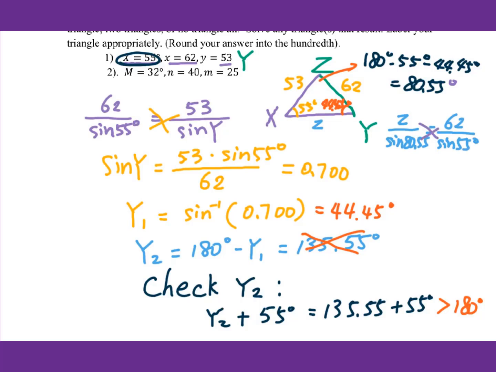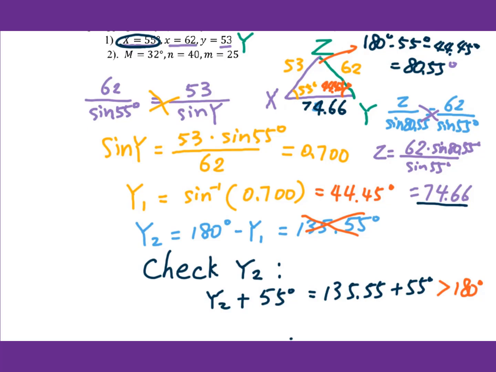Cross multiply. You will get z equals 62 times sine 80.55 degrees, with sine 55 degrees going to the denominator. You will get 74.66. So I label here 74.66. Remember, when you check for y2, you add the given angle. This angle is a given angle.